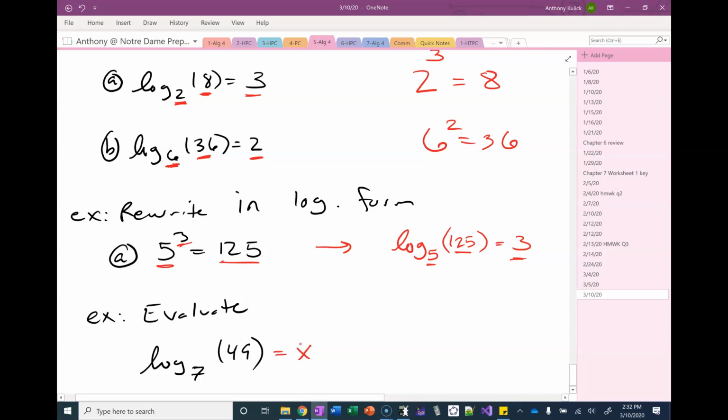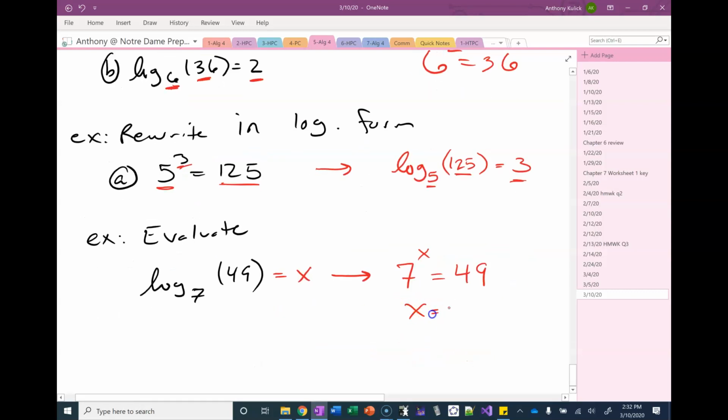So I'm saying log base 7 of 49 is giving me x. If I rewrite this as an exponential equation, I'm saying what power of 7 is equal to 49? And we can solve that by inspection, right? That's easy to see. The answer is going to be 2. Everybody okay with that idea? Okay. Let's stop here.